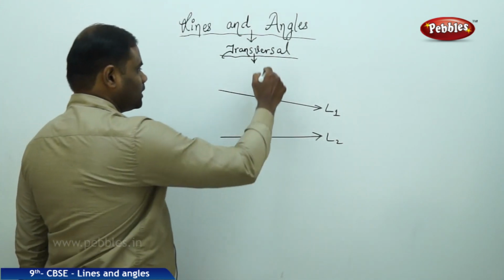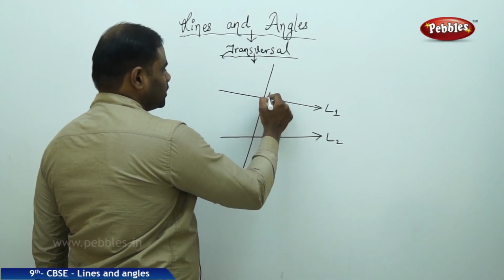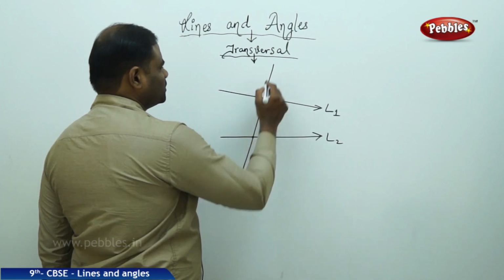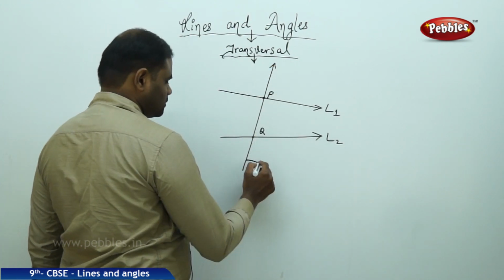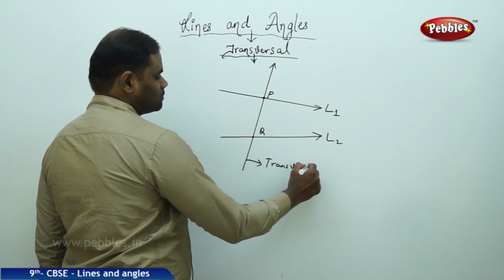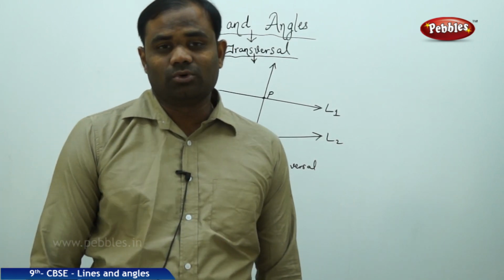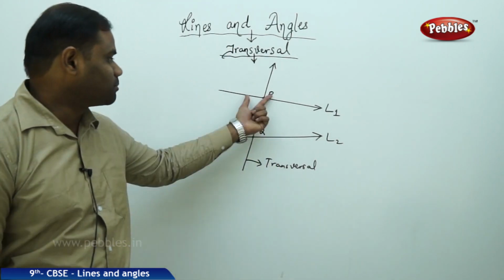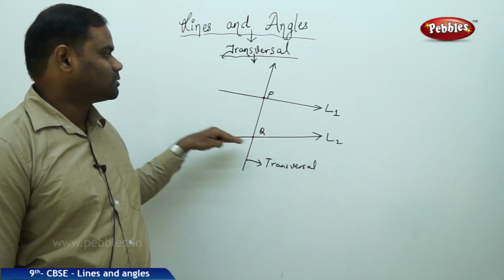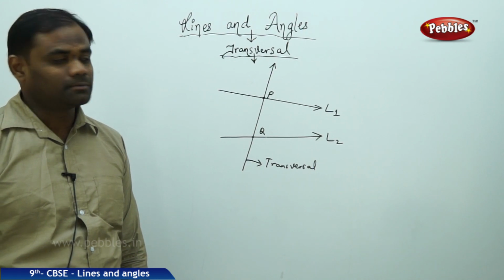Say for example, I take a line which cuts the line L1 at P and the line L2 at Q, then this line is called the transversal. A transversal is a line which cuts two or more lines at distinct points P and Q. This is the transversal for these two lines. This is how we understand the transversal.